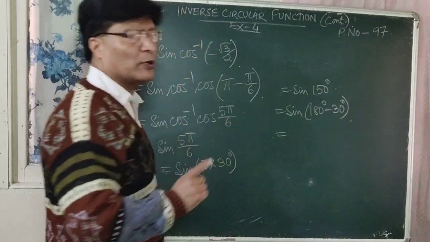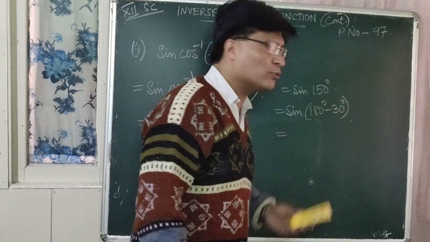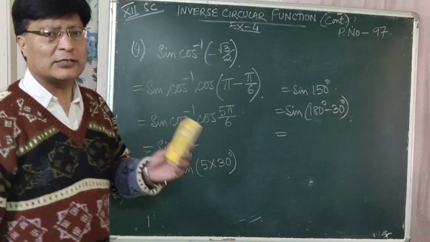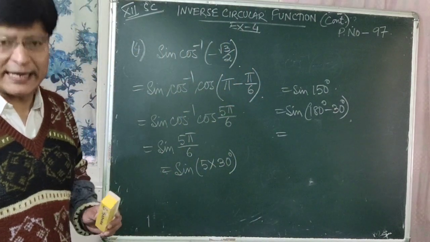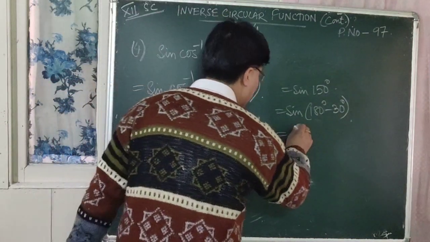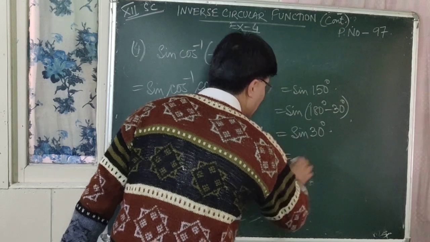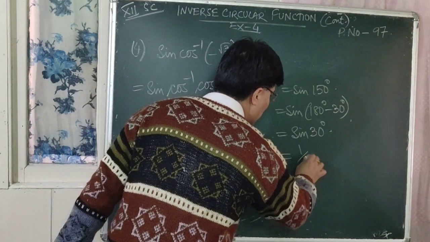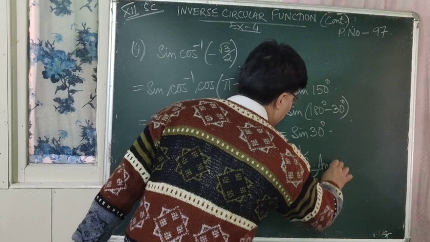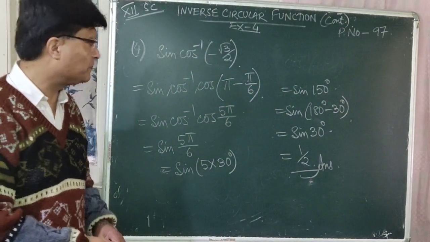Okay? So positive sign, usually we don't write. And since this is 180 degree, that is 90 into 2, an even multiple of 90, the trigonometric ratio does not change. That means it remains the same. That is sine 30 degree. So what is this value? What is sine 30 degree equal to? This is half. So this is the final answer. Understood?